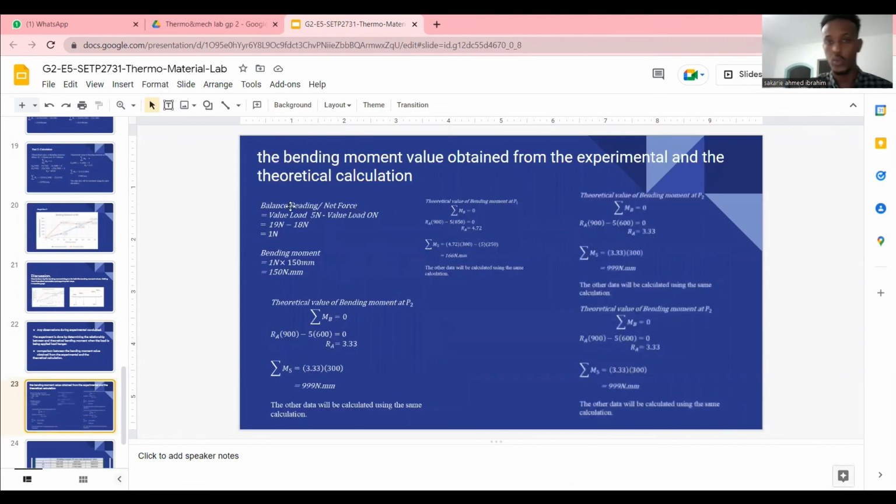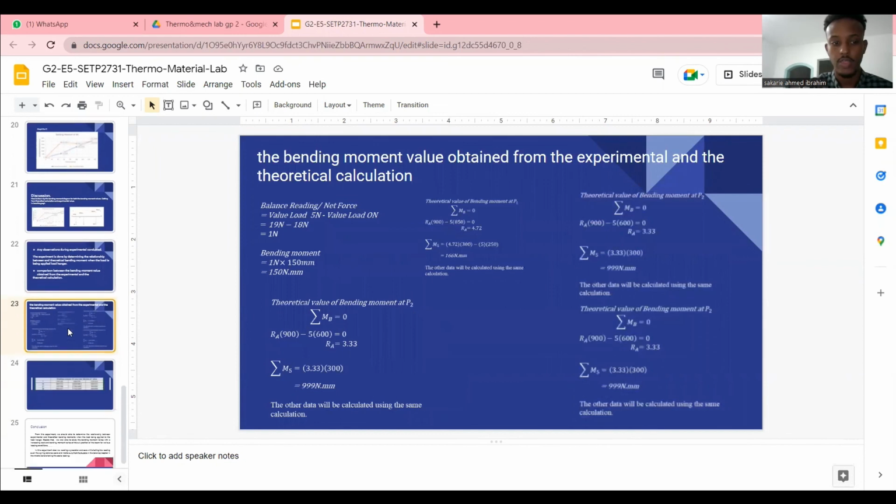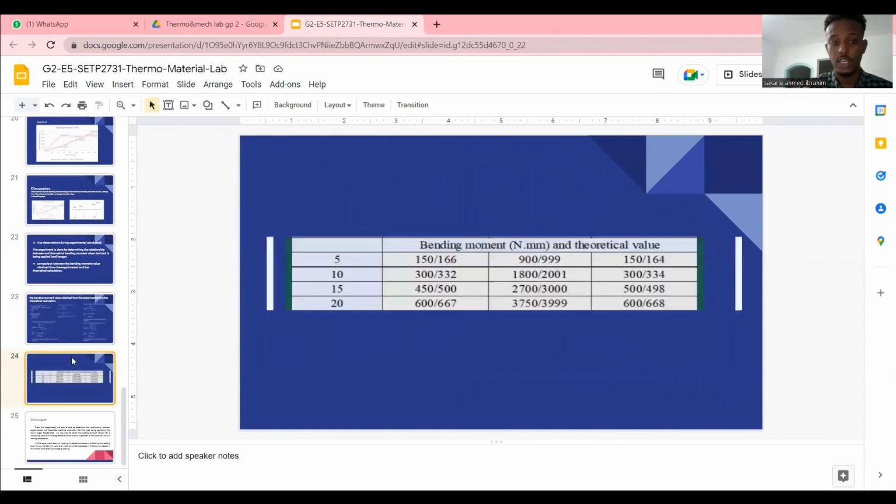In all of these, the calculations we got from the result, we have seen here the table, which is bending moment and theoretical value.